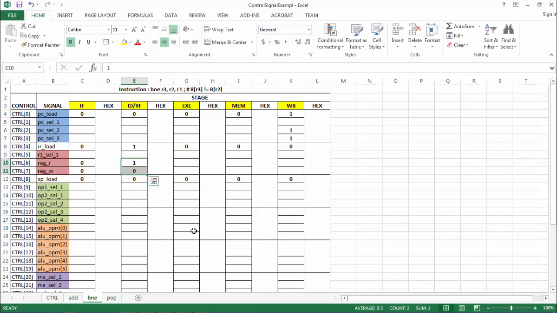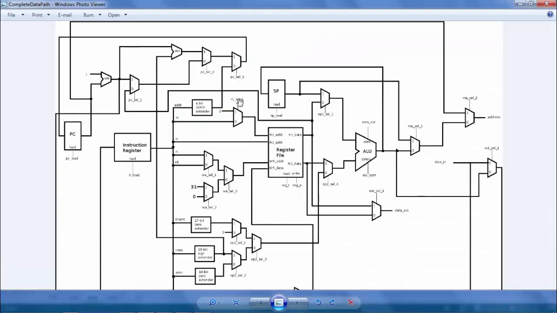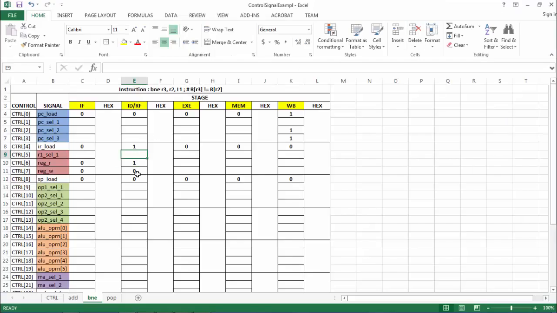Since we are reading from the registers, which are RS and RT, our R1 selection is also important at this point, which we want to make sure stays at 0. So this 0 is also important.